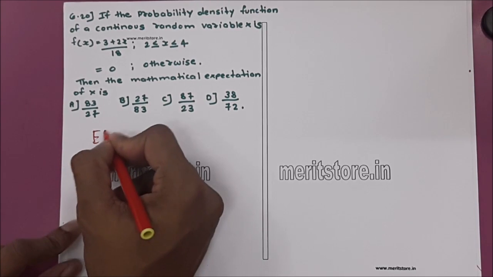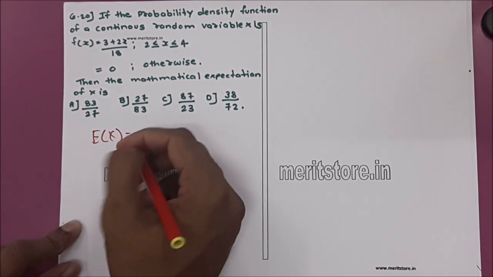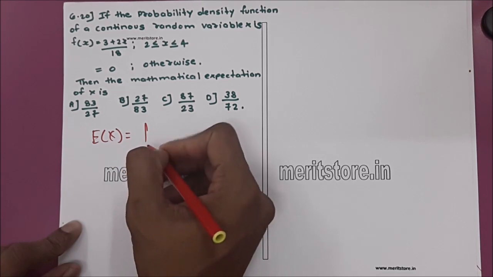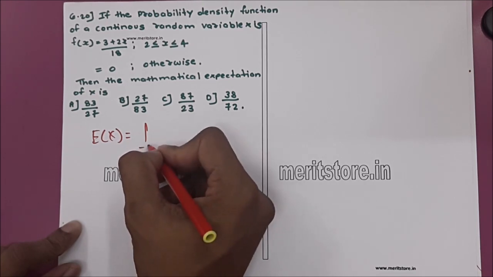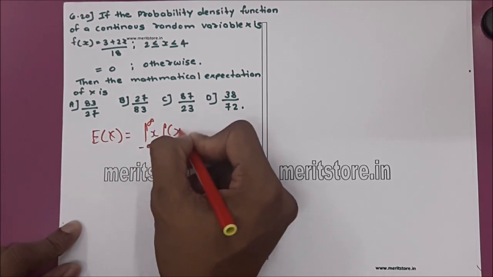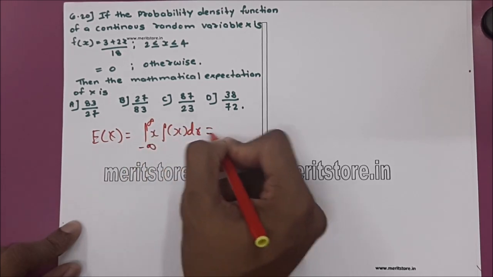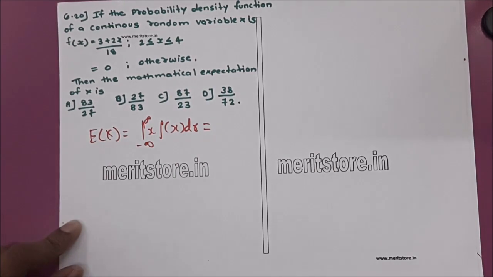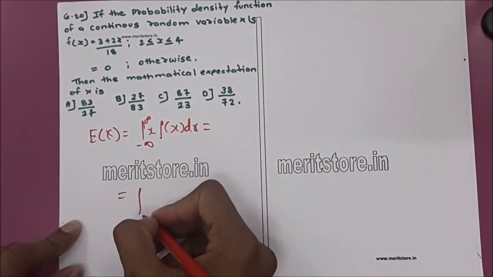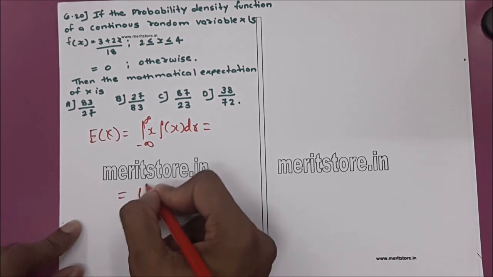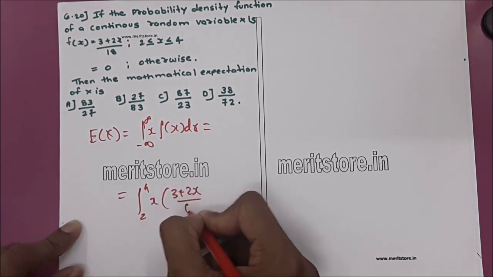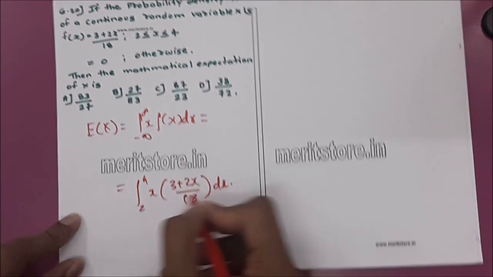We have the expected value of a continuous random variable, that is the integral from minus infinity to infinity of x fx dx. We substitute the value of fx, that is 3 plus 2x upon 18, and the limits 2 to 4, that is x times 3 plus 2x upon 18 dx.